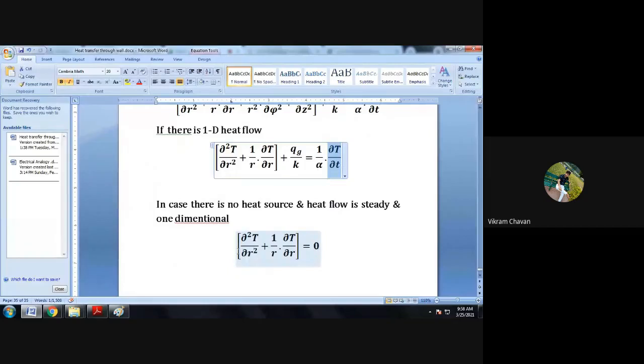So we will get the equation ∂²T/∂r² plus 1/r multiplied by ∂T/∂r is equal to 0.